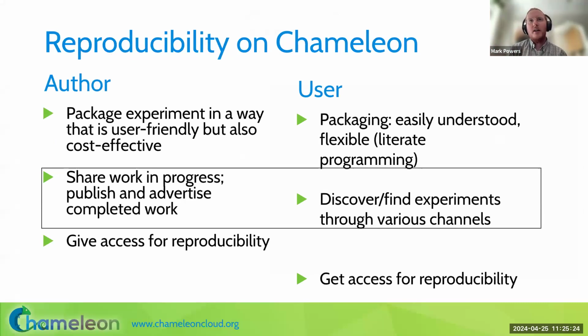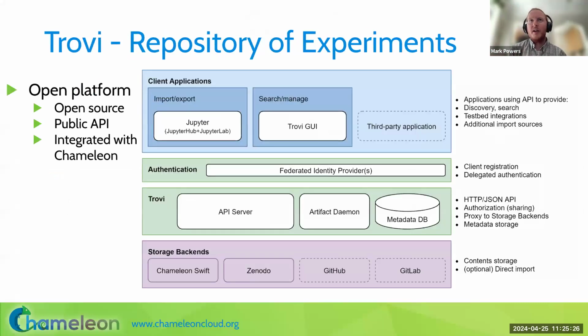I've been saying the word Trovi, but more formally, Trovi is this API service that powers the Chameleon sharing portal. This is an open source service that right now is integrated with Chameleon, and we're looking to extend and improve it. It allows us to launch an experiment and take you right into it.